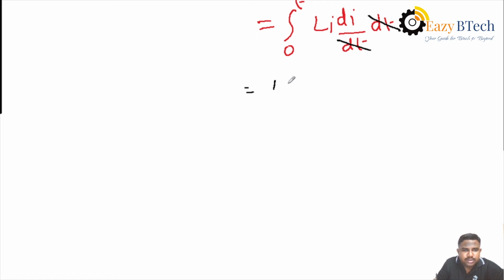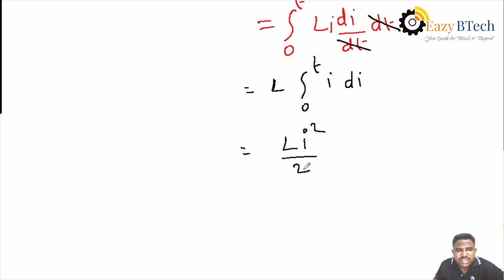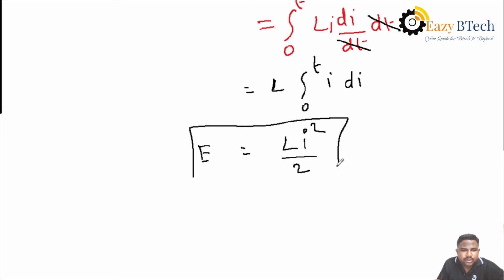L is constant, so take it outside. Then the integration from 0 to t of i into di. Taking the integration with respect to i, the integration of i is i square by 2. Then the formula for energy stored in an inductor is E equals half L i square. This is the energy stored formula in the case of an inductor.